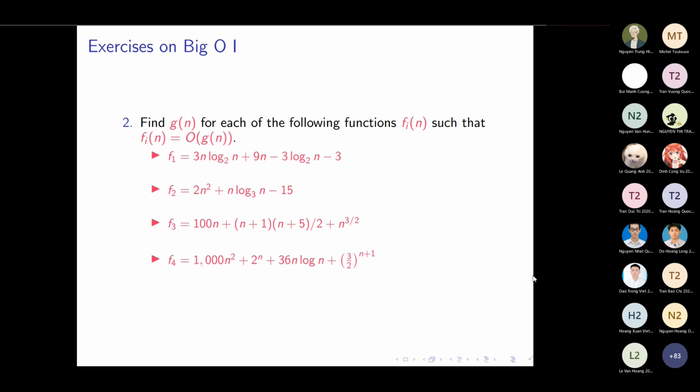Yes, that's right. Yeah, so you can find g(n) here, and f would be in the big O of g(n).